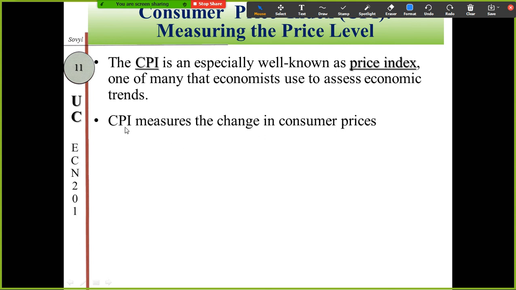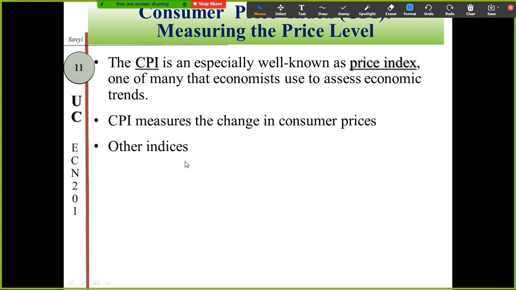So we use CPI only to study the change in final good or consumer good prices, not intermediate good prices or capital good prices.